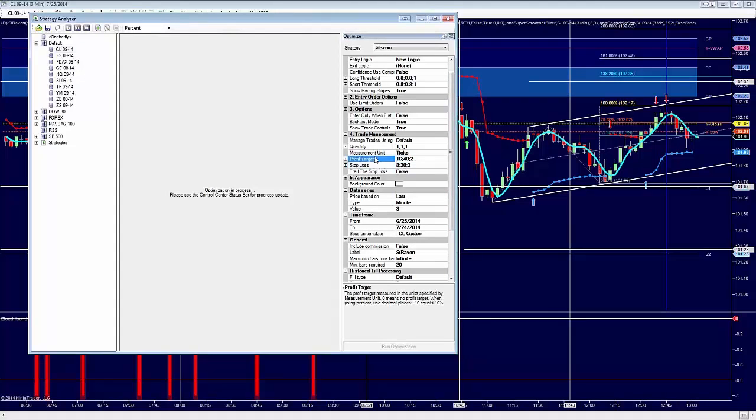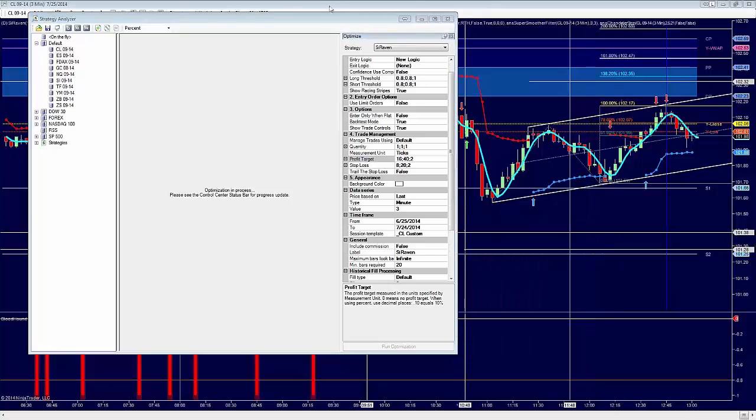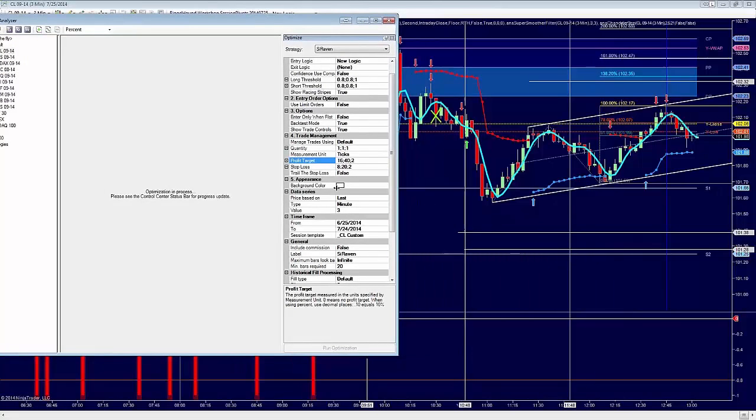We're saying the lowest profit target that we want to test for is 16 ticks. Remember, let me see if I still have that open. No, I don't have it open. But the last backtest that I ran on 30 days showed a profit of $1,800.